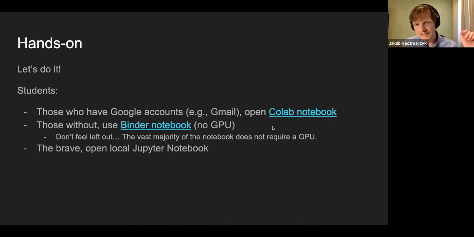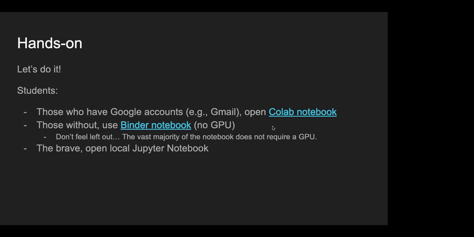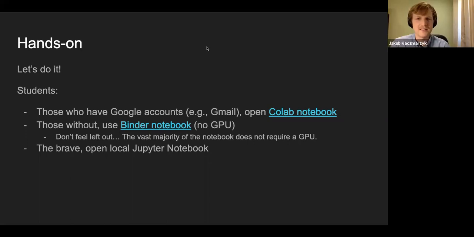So the answer to your question is sometimes. Thank you. I think those are the two questions that are prominent in the chat. So maybe that's a good time to go on with the practicals. Yeah, excellent. Okay, let's do it.